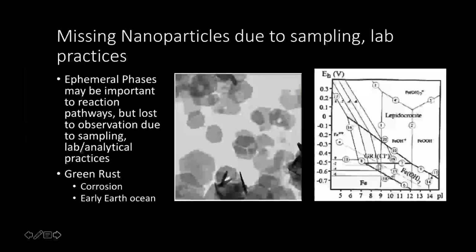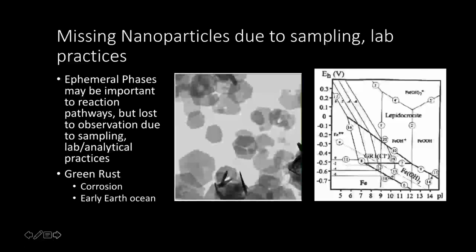Here's an interesting example. This is green rust. It turns out that in many processes, nanoparticles form, but they're quite ephemeral. And unless you know to sample for them and to look for them, you will miss them completely, even though they are important steps in crystallization sequences.